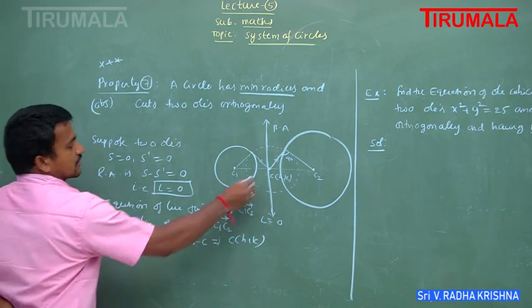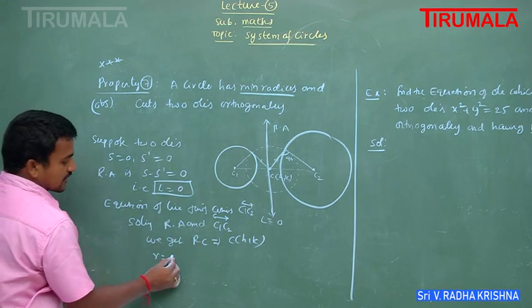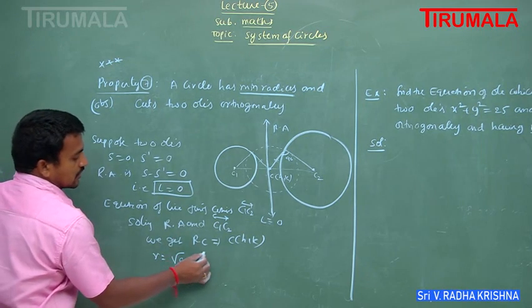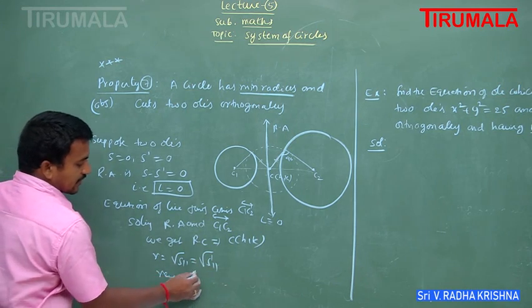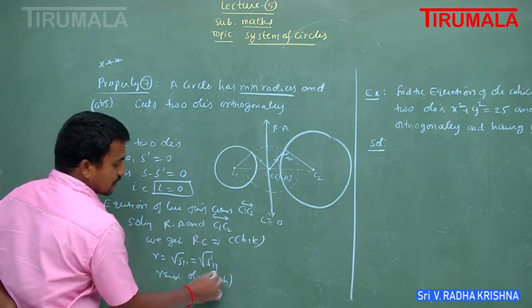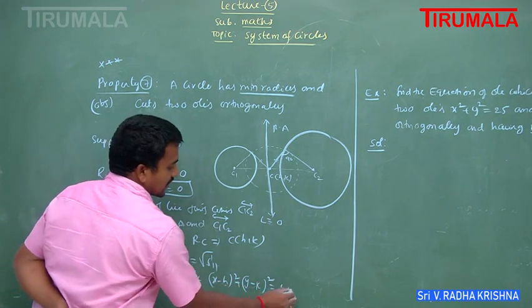Next is the radius of the circle. So r equal to root S11 or root S dash 11, for any two circles, and we get the required circle (x minus h) whole square plus (y minus k) whole square equal to r square.